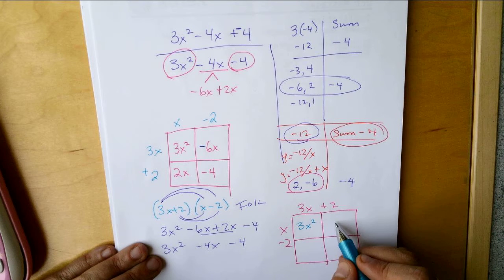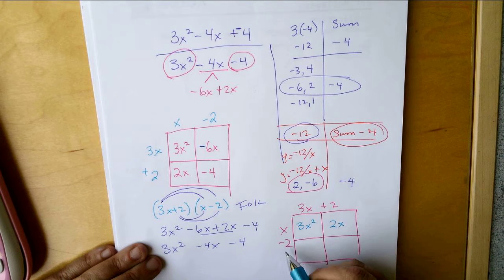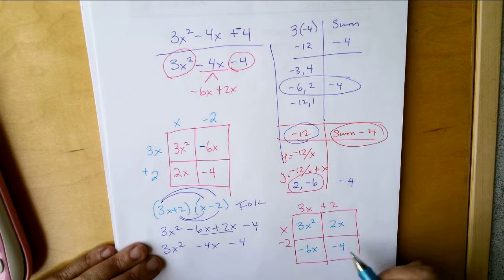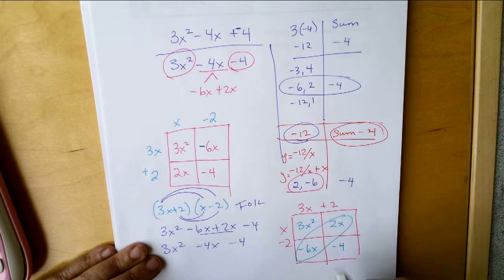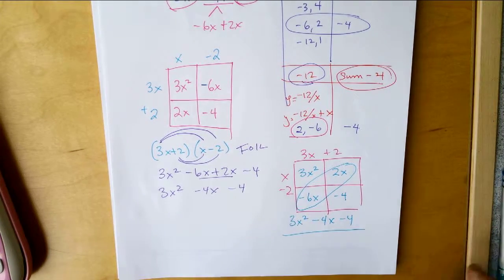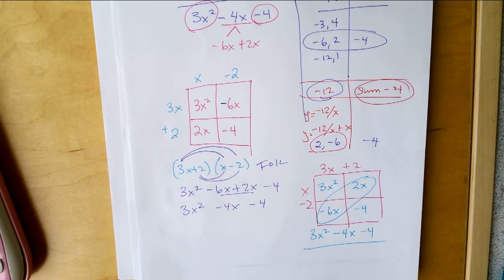What's 2 times x? There's your 2x. What's 3x times negative 2? Negative 6x. And what's 2 times negative 2? It's negative 4. So here again are my like terms, 3x squared minus 4x minus 4. So that's factoring using the graphing calculator.